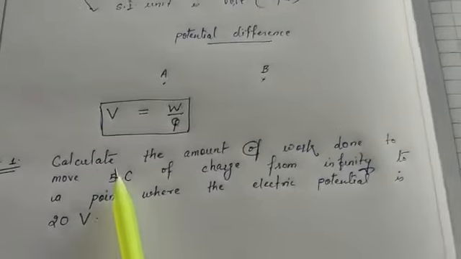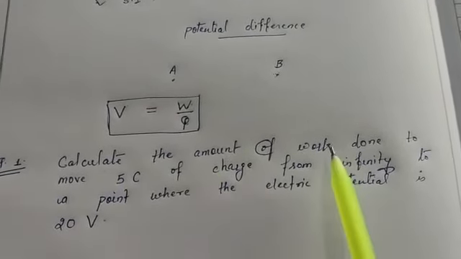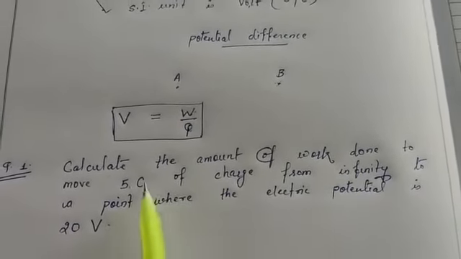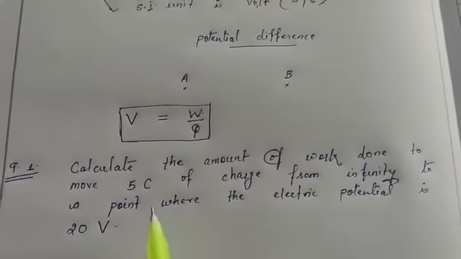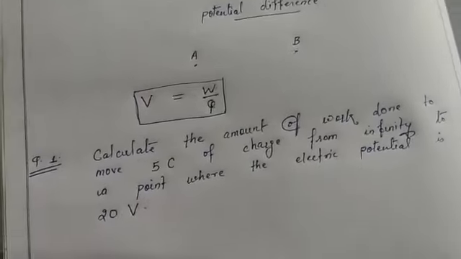So what we have to do is calculate the amount of work done to move 5 coulomb of charge from infinity to a point where the electric potential is 20 volt.